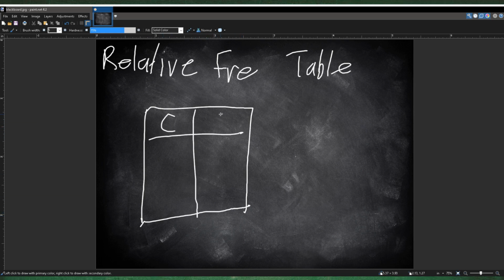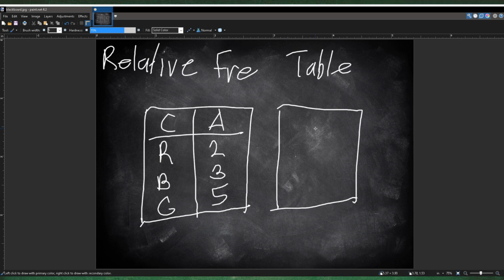We have colors and we have the amount, right? So we have red, blue, green, and let's say it was 2, 3, and 5, right? Instead of saying it's 2, 3, and 5, you add all these together, so that's 10 in total. So it's going to be out of 10. So it's going to be now in percentages. That's what a relative frequency table is. Instead of using the actual amount, you're going to be in percentages.